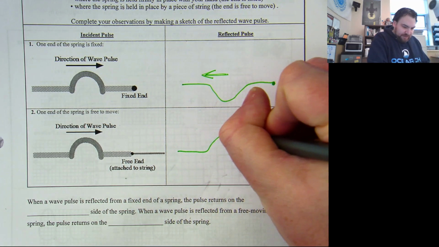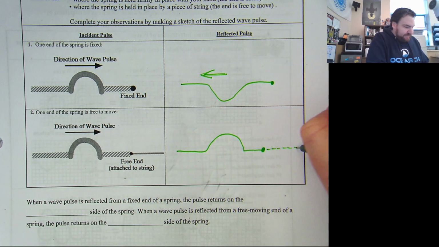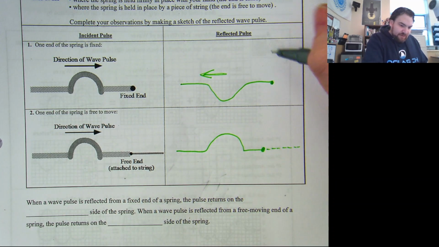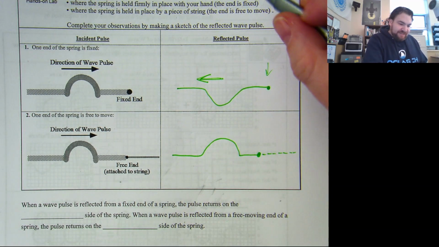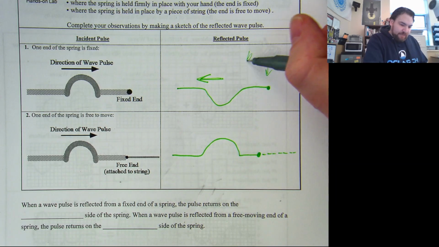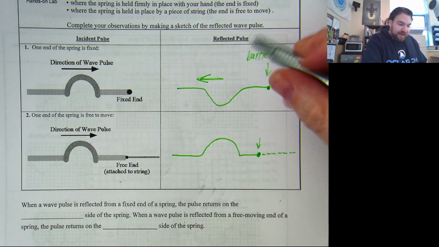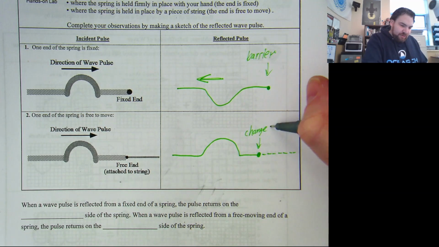And on this one, it stayed on the same side. I'll draw it like that. So this is an example of a firm barrier. This is an example of the change in medium.